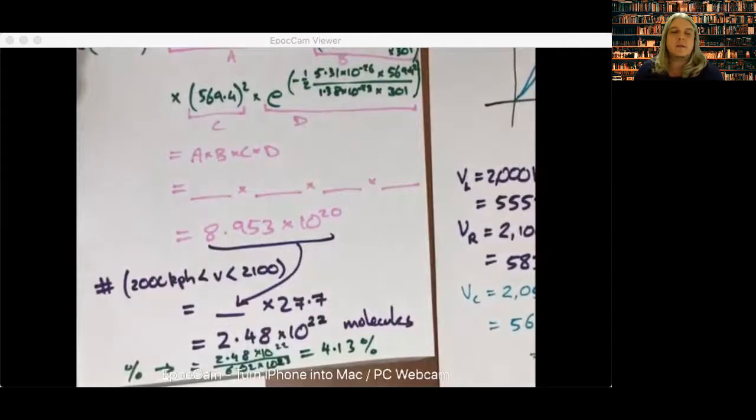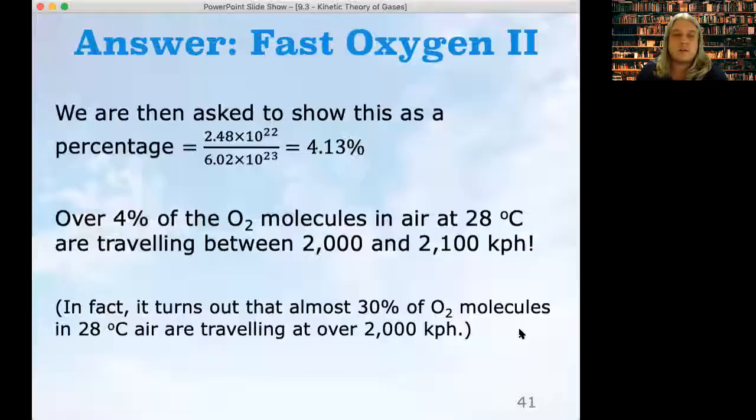Over 4%. And just for interest, I'll jump back to the slideshow now. I've added an extra little note there because I did some more calculations on that. And it turns out that almost 30% of molecules, oxygen molecules, at 28 degrees Celsius here are traveling over 2,000 kilometers an hour. So that number we said, over 4%, that's just between 2,000 and 2,100. But there will be molecules faster than 2,100 as well.